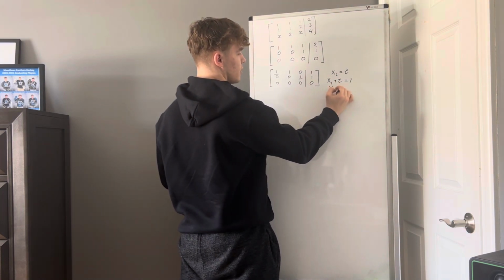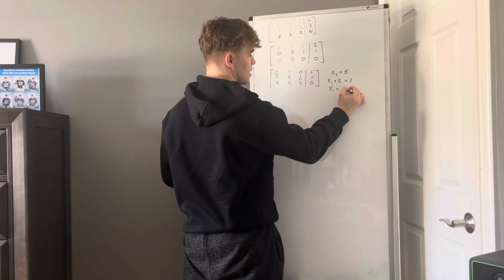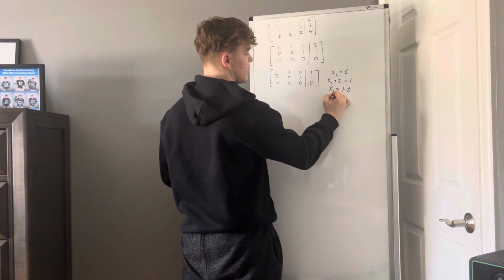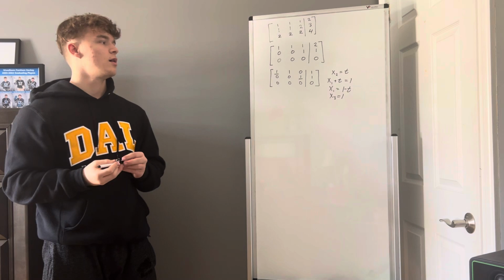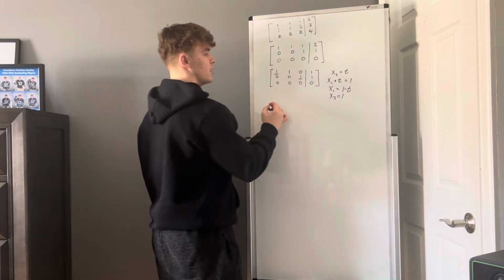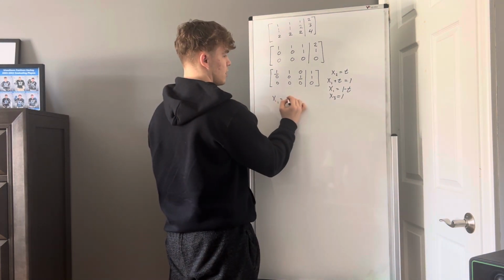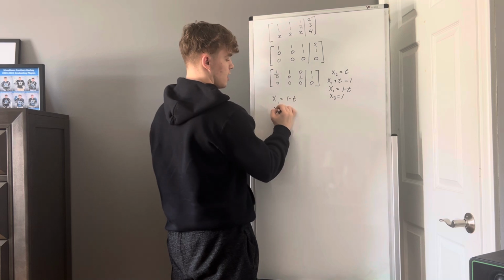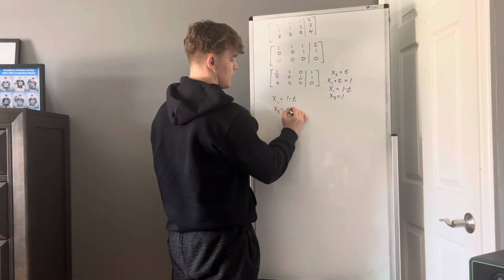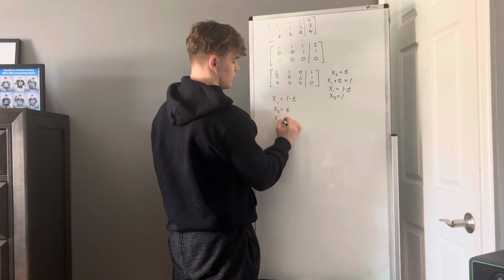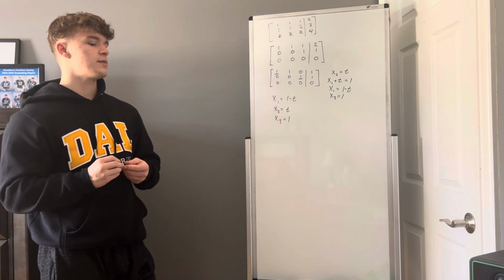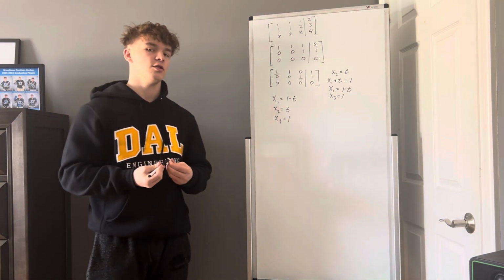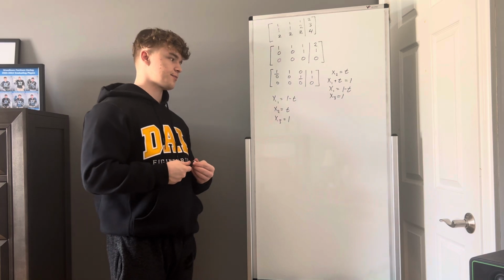So x1 equals 1 minus t, and x3 actually just equals 1. So our solution is x1 equals 1 minus t, x2 equals t, and x3 equals 1. And so this means there are infinitely many solutions to this matrix.